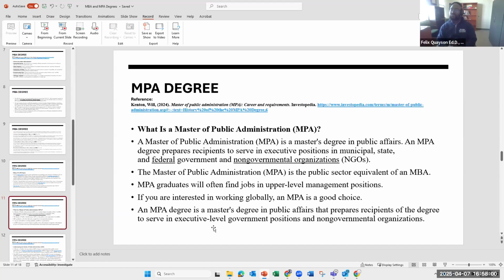If you are interested in working globally, an MPA is a good choice for you, depending on your subject, your career interests, and everything that comes into it. An MPA degree is a master's degree in public affairs that prepares recipients of the degree to serve in managerial or executive level government positions and non-governmental organizations.